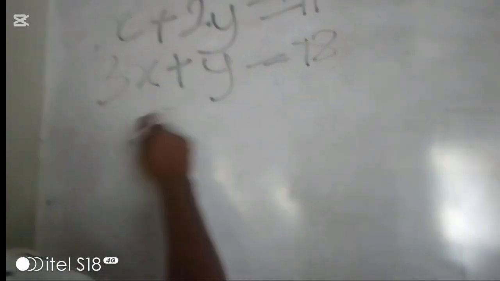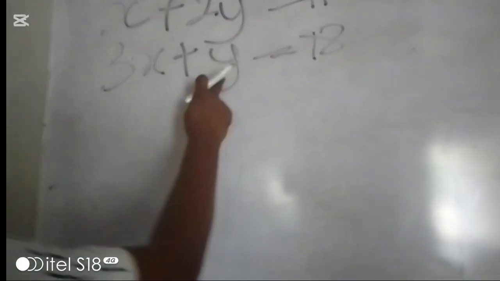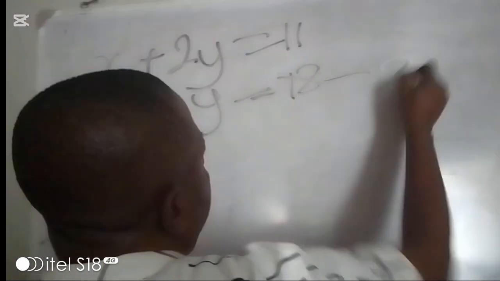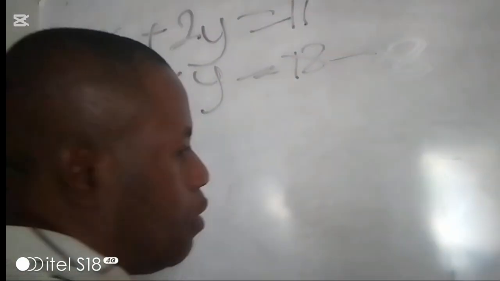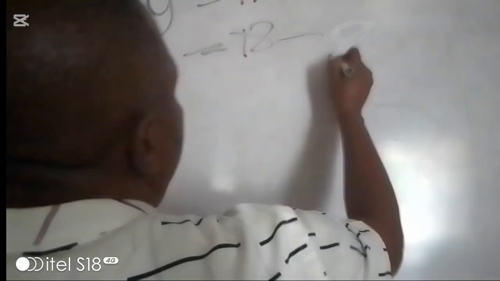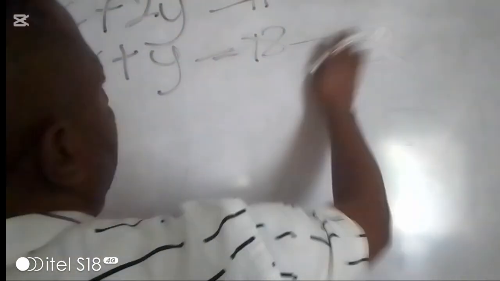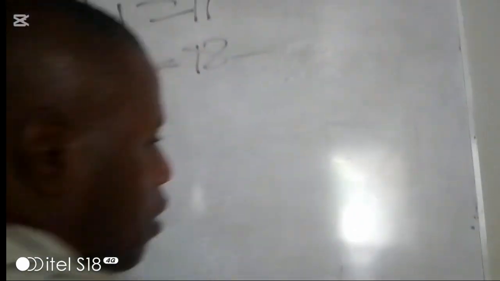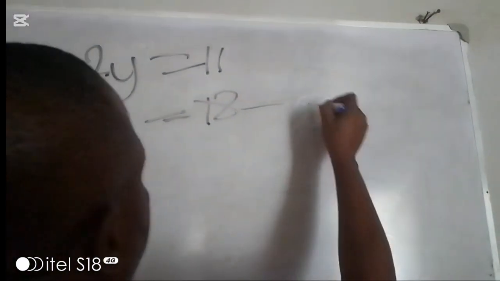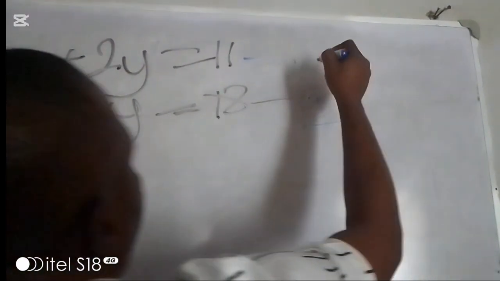You multiply this equation by 2. Let's name this equation 8, and then this equation 7.